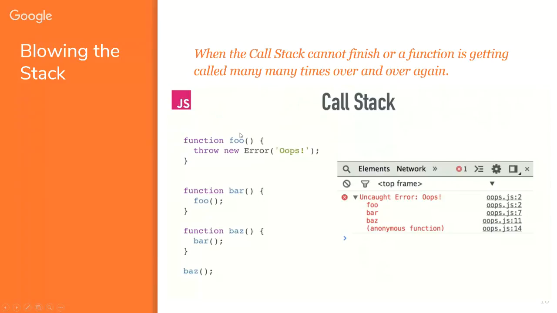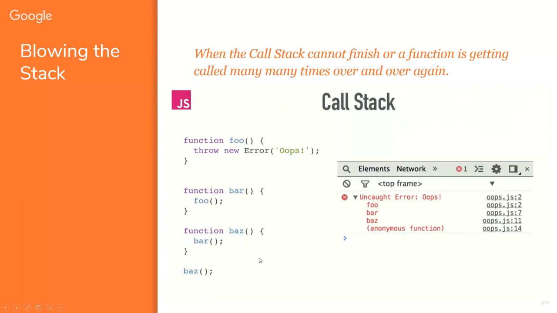Firstly, we have the foo function, which throws a new instance of the error object, which says oops. We have the function bar, which calls the function foo defined here, and finally we have the function baz, which calls the bar function here. And immediately after declaring these functions, we call the function baz.